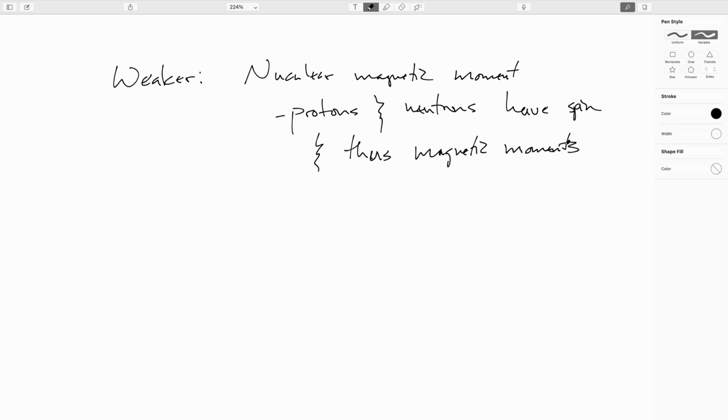Now, it turns out that the electric charges on that combination of quarks cancel, but they have charges, they have spins, and they have magnetic moments. And so, believe it or not, you still have a magnetic moment associated with the neutron. Anyway, the magnetic moments from these protons and neutrons will add up, and they will give a rather weak magnetic moment that isn't anything really to write home about, but will show up in high precision spectroscopy.